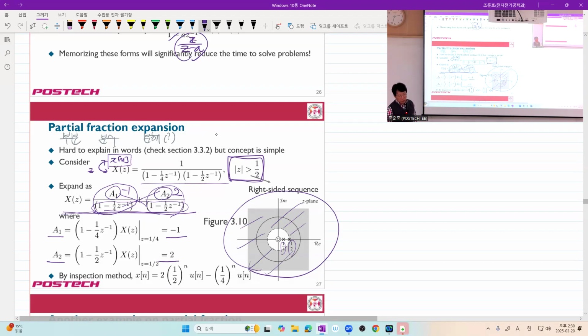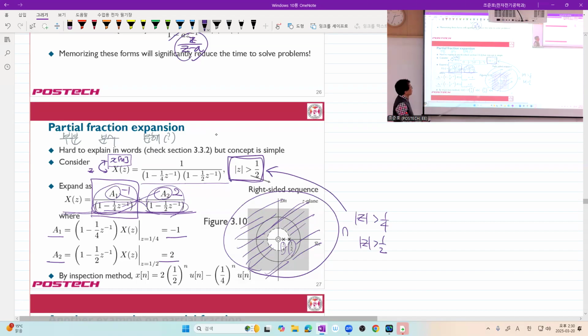So when does this give you some region of convergence that can include that one? Of course, Z greater than 1/4. And what about this one? Z greater than 1/2. And if you intersect, then you have that one back.